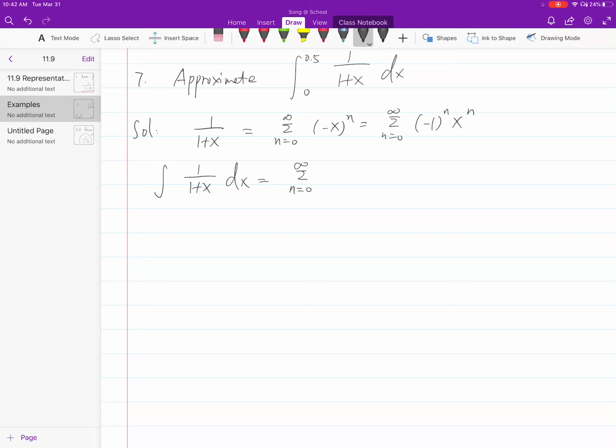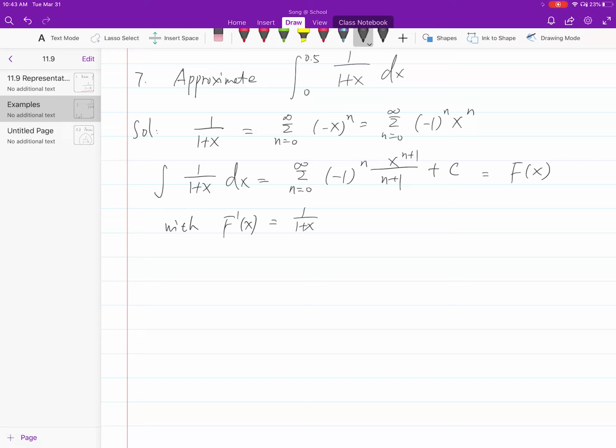Which is nothing but the antiderivative of this gives you plus a c. Good so far? Okay. Now this is actually the antiderivative of this, 1 over 1 plus x.